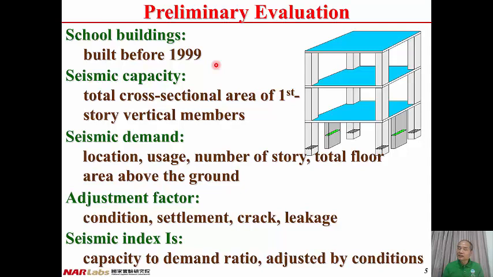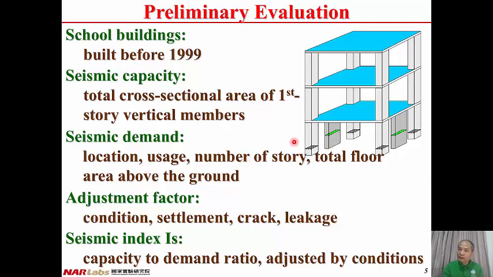From preliminary evaluation, seismic capacity is determined by the cross-sectional area of the vertical members in the first floor, and the seismic demand is calculated by the location where the building is located, its usage, is it used by students, and the number of stories.